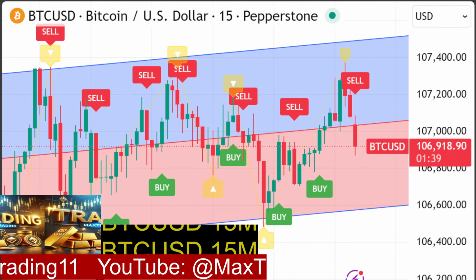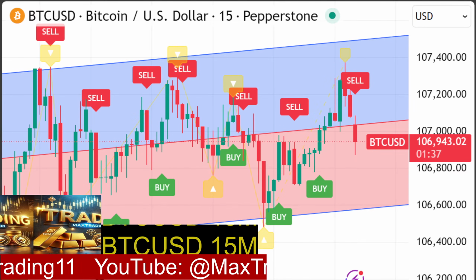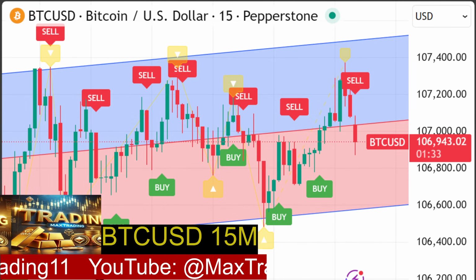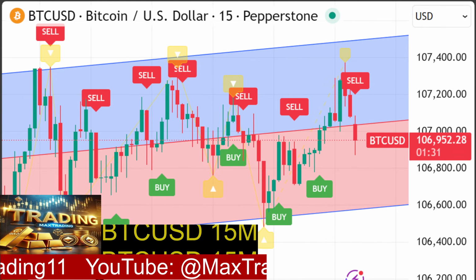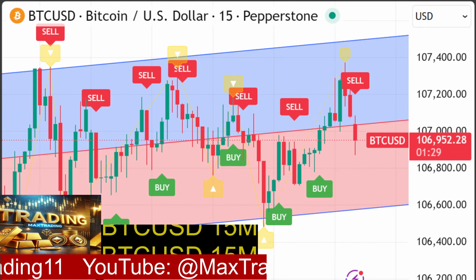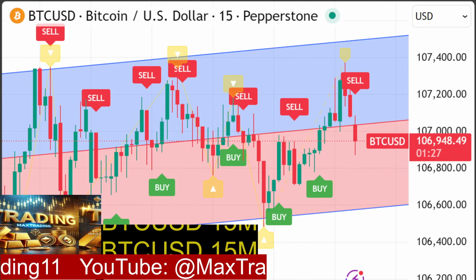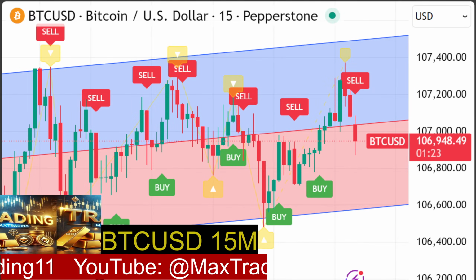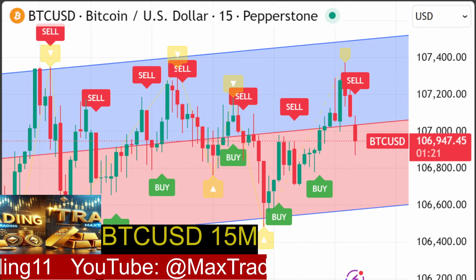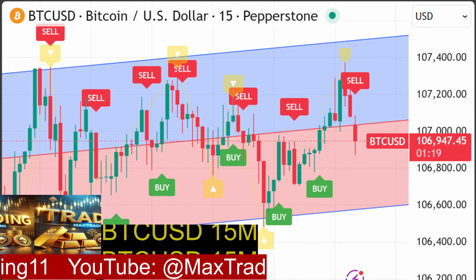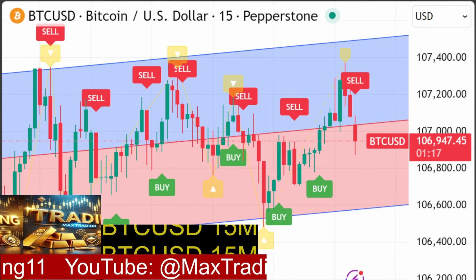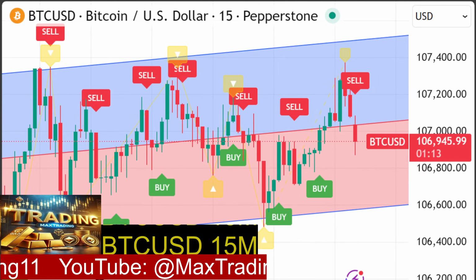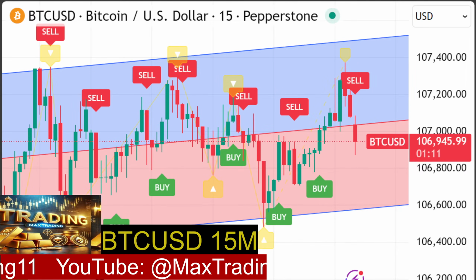When the channel slopes upward, we categorize the trend as bullish. Price action in this environment tends to respect the lower boundary of the channel as dynamic support. Every touch and rejection near this zone represents a potential buy opportunity, particularly when the zigzag indicator plots a swing low at or near that same boundary.